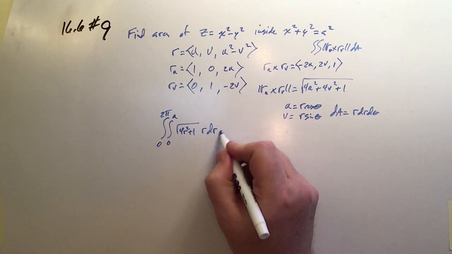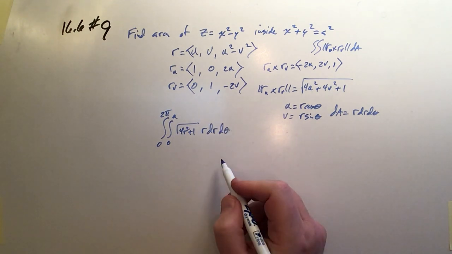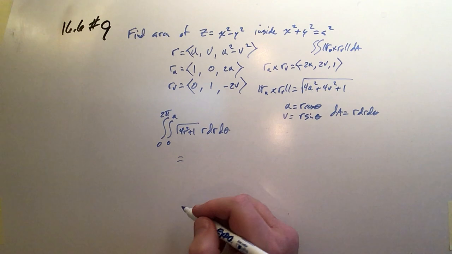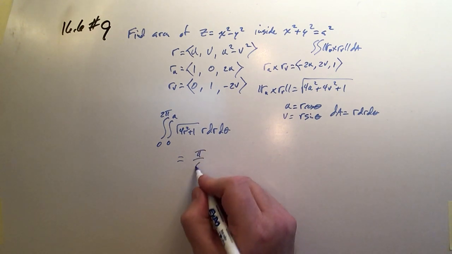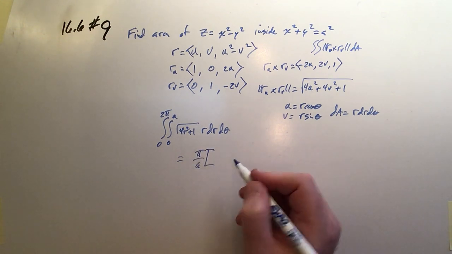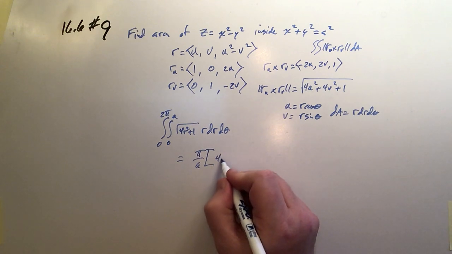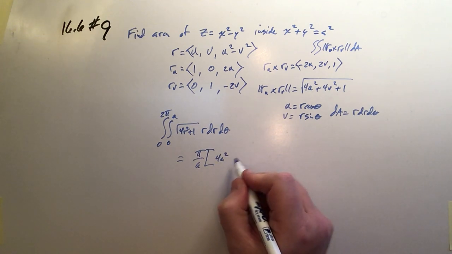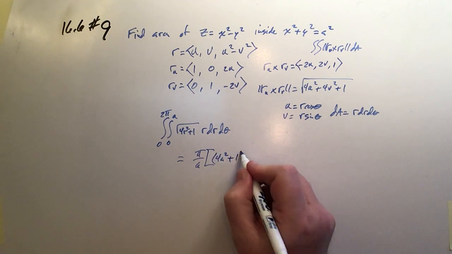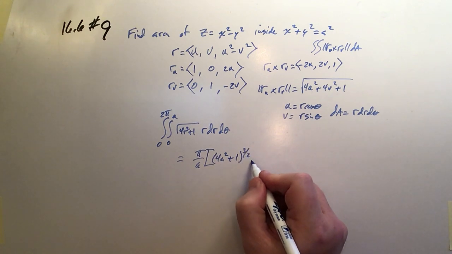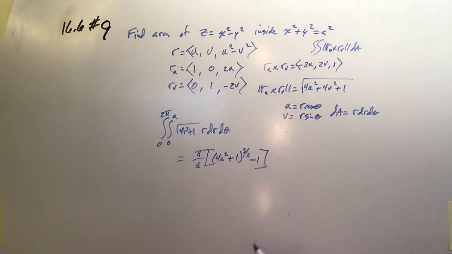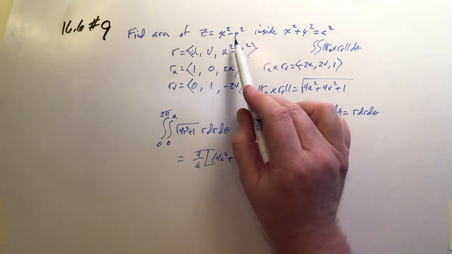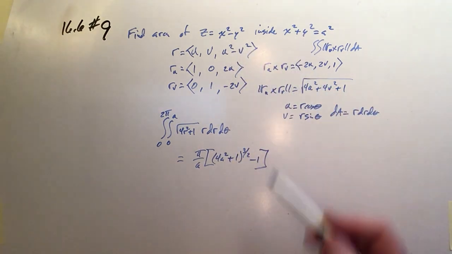That makes the u-sub pretty easy. When we finish with this integral, we get pi over 6 times the quantity 4a squared plus 1 to the 3 halves, minus 1. And again, that is the surface area of that inside of this cylinder.